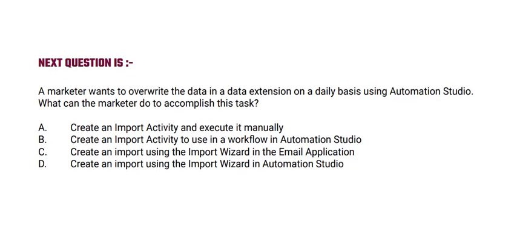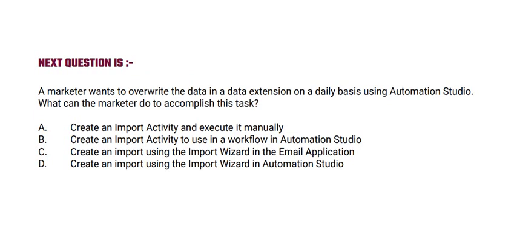Next question. A marketer wants to override the data in a data extension on a daily basis using Automation Studio. What can the marketer do to accomplish this task? Options are: Option A, create an import activity and execute it manually.